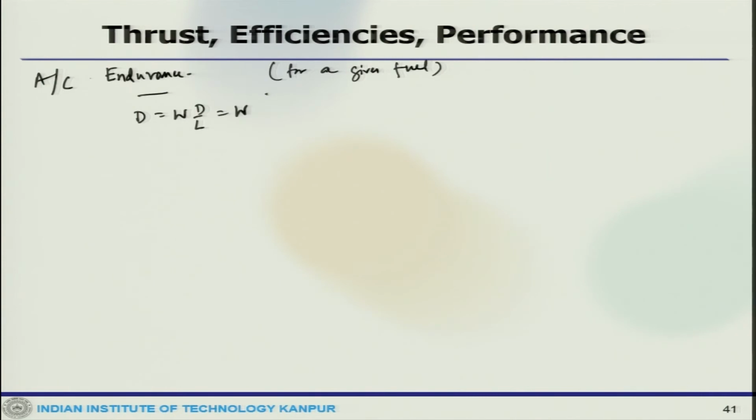Due to level flight, power is W C_D by C_L times V, where V is root over W by half rho S C_L.